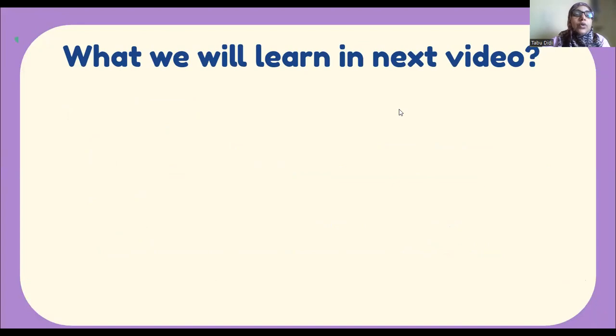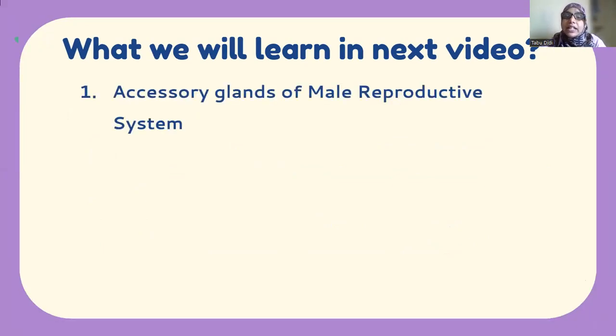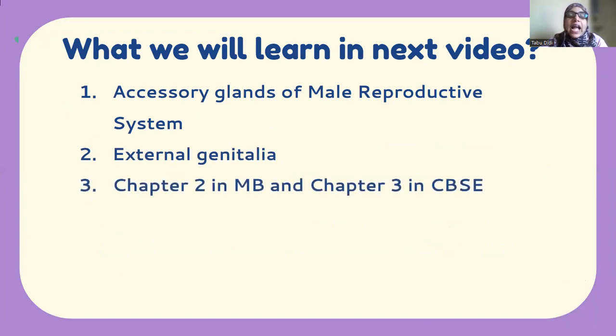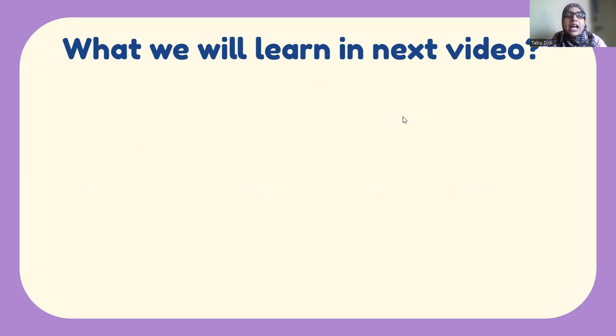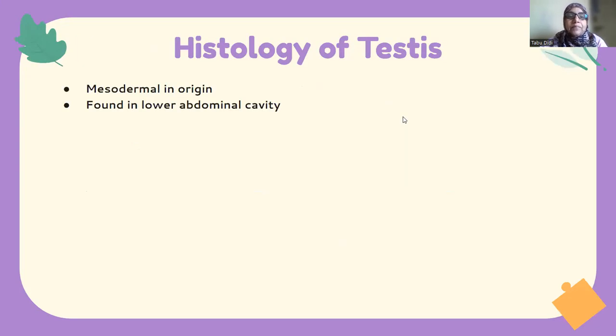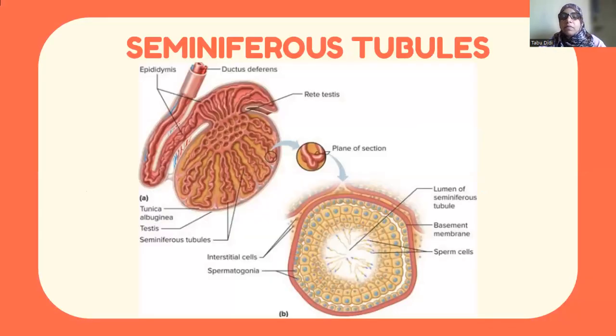In the next video, we are going to see the glands of the male reproductive system and the external genitalia, and we are going to finish the male reproductive system in the next video, because after these two topics the topic is completed. So just have a look at the diagram, and you can make notes. Make a note of anything that you don't understand.